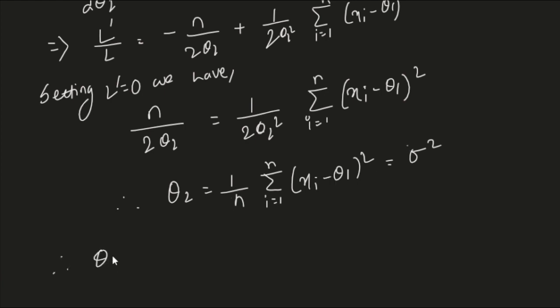Therefore we see that theta 1's MLE is just x bar, while theta 2's MLE is sigma squared. And this is how the likelihood is calculated.